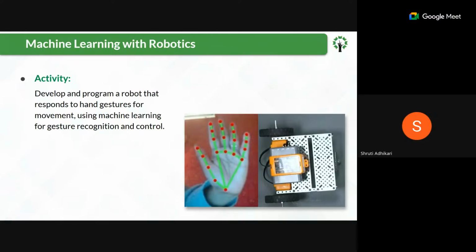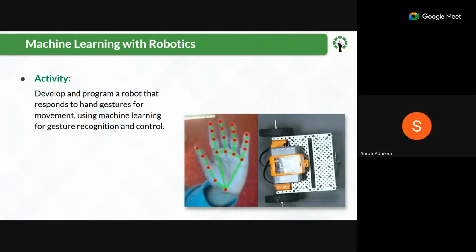It has to be trained. So first we have to train the model with different gestures. Like, when we bring the palm in front of the web camera, we will tell the computer that it's a palm.